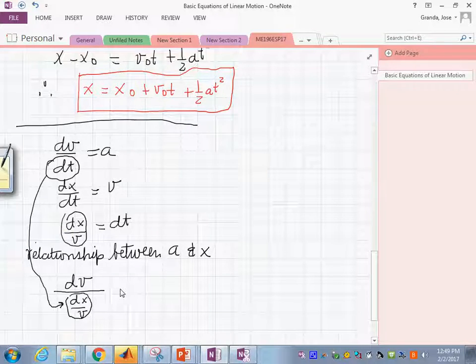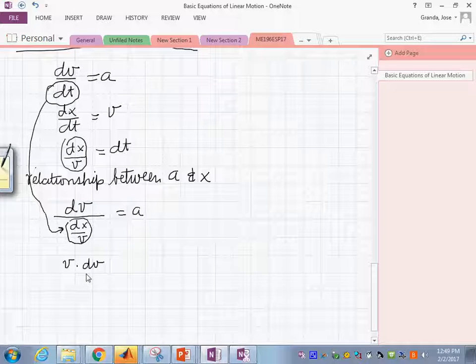Okay, so this is the acceleration. Let's just do the same thing as I have done in the past. The integral of v is going to be 1/2 of v squared between v sub 0 and v, and this would be a dx, between x0 and x.